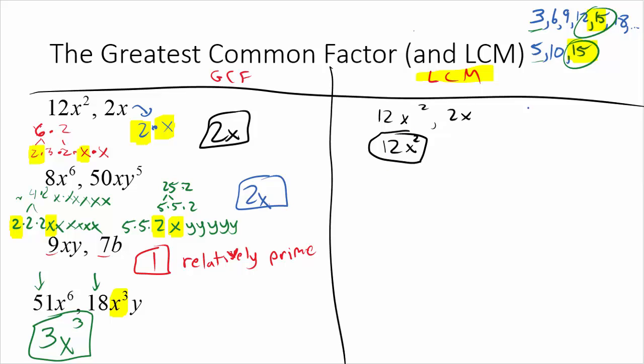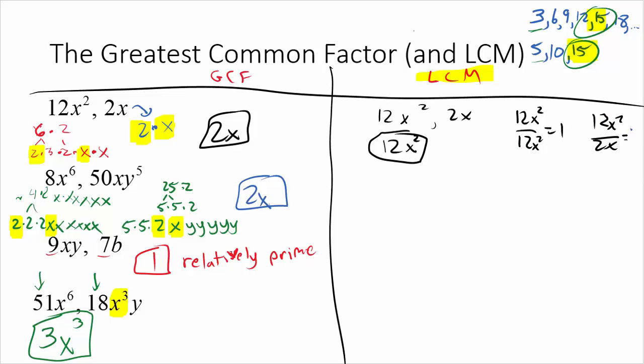Now, if you're wondering why that works, we can check our answer by dividing it by each of these. So we could divide 12x squared by 12x squared, and we could divide it by 2x. If I do this, I shouldn't get anything left in the denominator. I should just get things left in the numerator. So in this case, 12x squared over 12x squared is just 1.